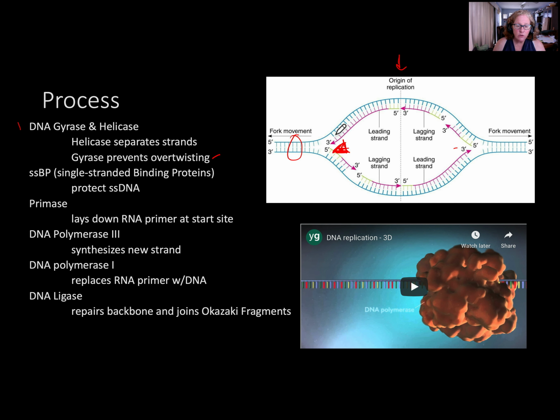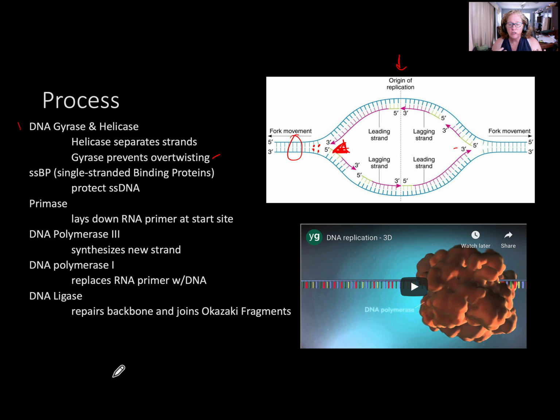Next, we add some single-stranded binding proteins. Those fit right on the ends of these nucleotides as they're being separated by helicase. These are important to make sure that these bases do not innocuously bind with anything else. We don't want them to self-bind, so we don't want the DNA to get bent in on itself.